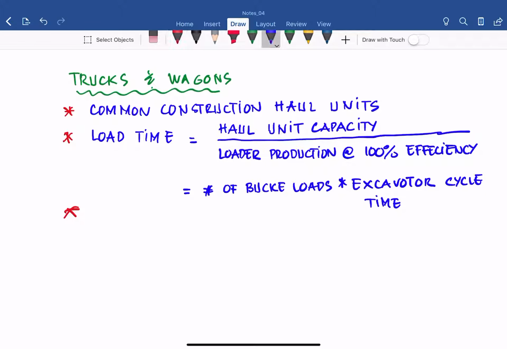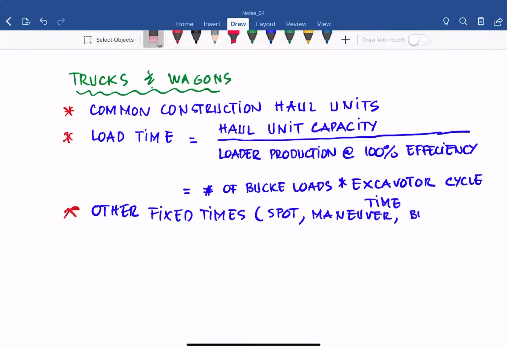Other fixed time, such as you have spot, something we did in scraper, maneuver, or dump. Then you use the table.